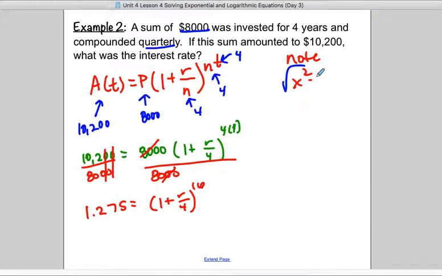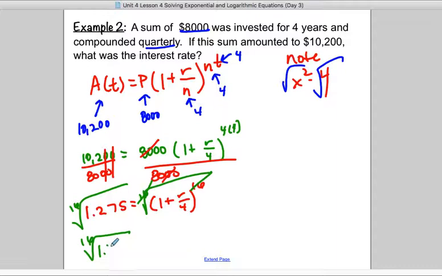I do not have access to my calculator here today on my screen, but what you would do is, I'm going to write it out. We're going to do the 16th root. These will cancel. So I have the 16th root of 1.275 equals 1 plus R over 4.